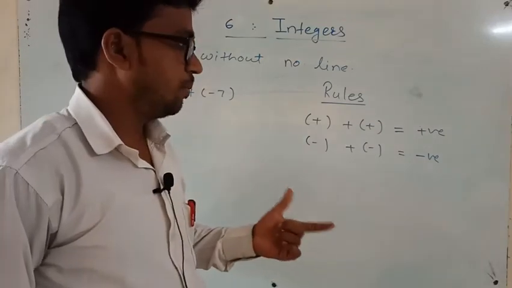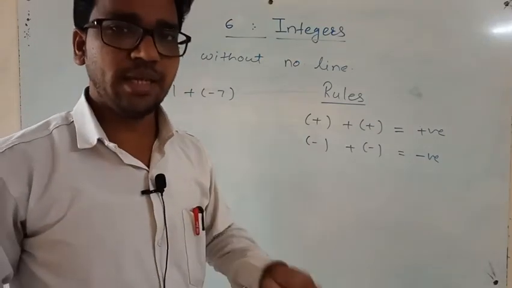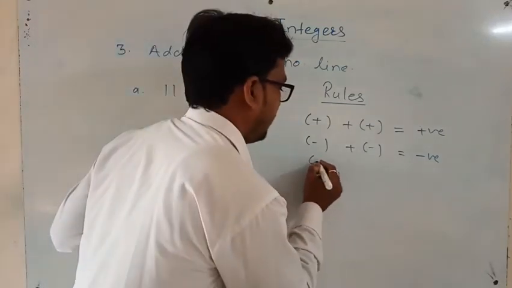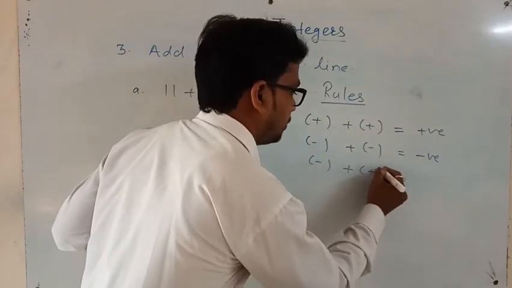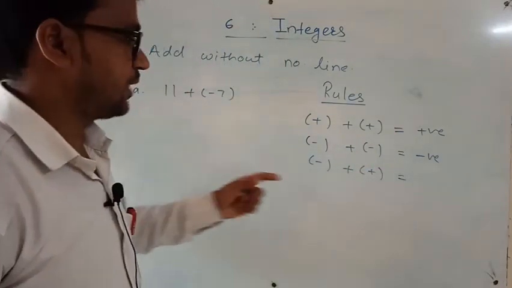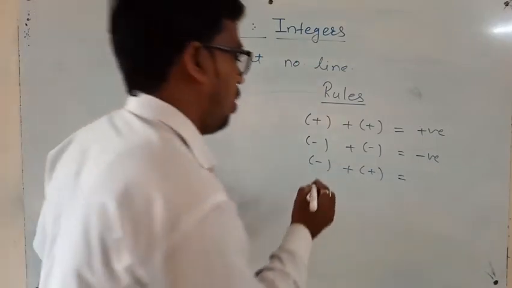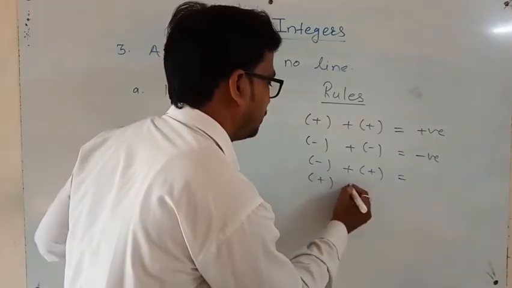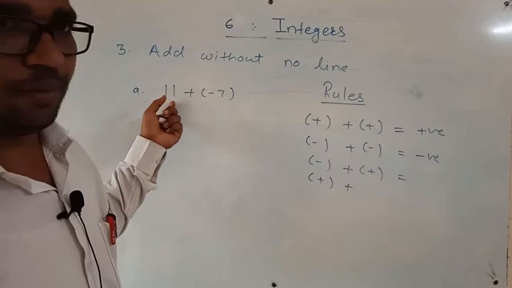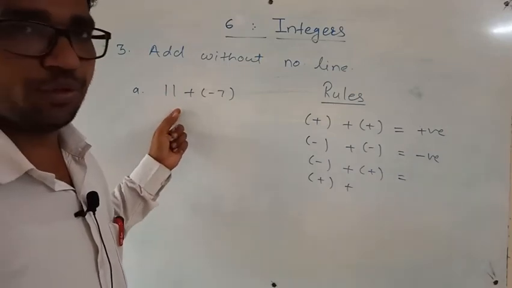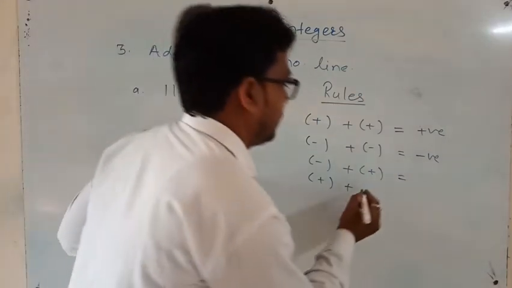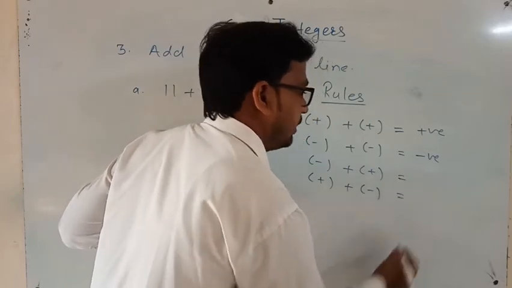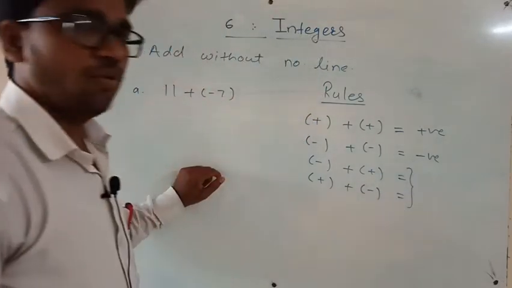But if the signs are different, meaning the first sign is negative and the other is positive, or the first sign is positive (for a positive number, the sign is not given, but it is a positive number) and the other is negative, then in this type of case, what do we have to do?